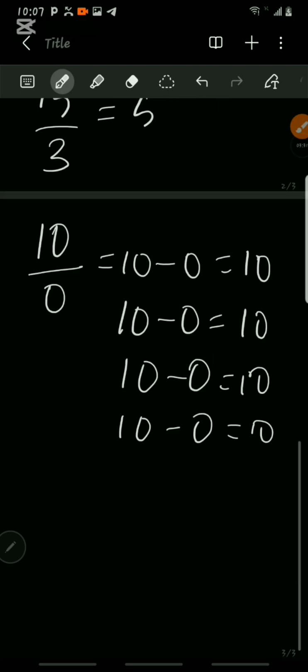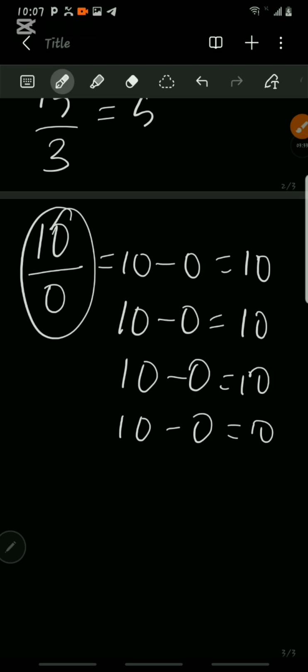So expressions like this, we say they are undefined. Expressions whereby the denominators are 0. Please take note. Expressions whereby the denominators are 0, that expression is undefined.